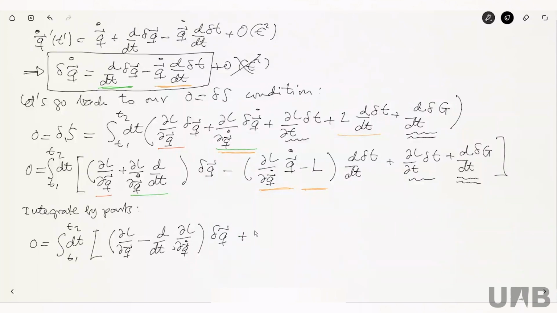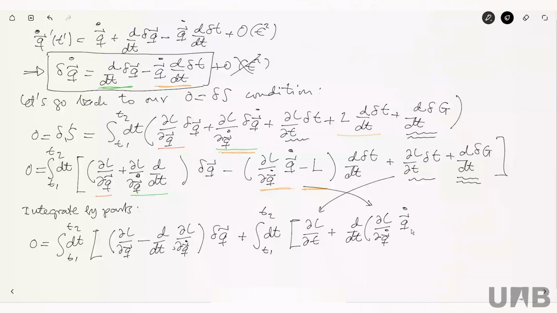Plus, now I also have the integral dt from t1 to t2. Now I have this second term, okay? And here I also integrate by parts, okay? So that means that I have first the derivative of L with respect to t. This is this guy. And now the integration by parts, which gives me plus the derivative with respect to t of this whole parenthesis, okay? Derivative of L with respect to q dot times q dot minus L, okay?